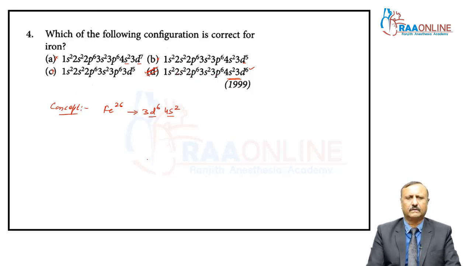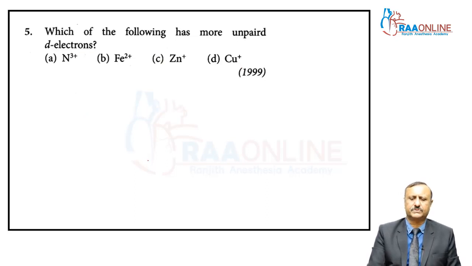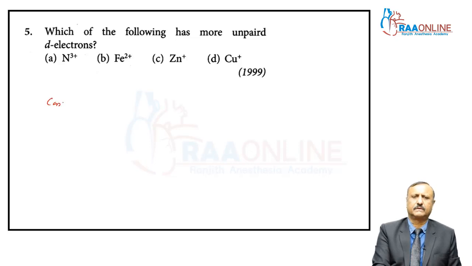When we go to question number 5, my dear students, we can see here: which of the following has more unpaired d electrons? First of all, what is the concept? My dear students, first of all you can write scandium, titanium, vanadium, chromium, manganese, iron, cobalt, nickel, copper and zinc.